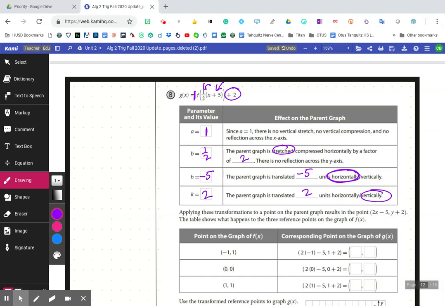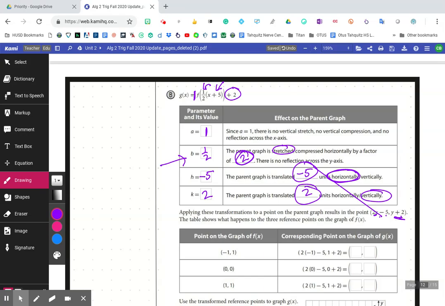All right, so what's going on here? This time, because the factor is on the b, I multiply this number by the x, and then I have to apply the h value to it, so -5. And for the y, I didn't do anything with the a, but I have to add 2 to the y. That's where we're getting this formula from.